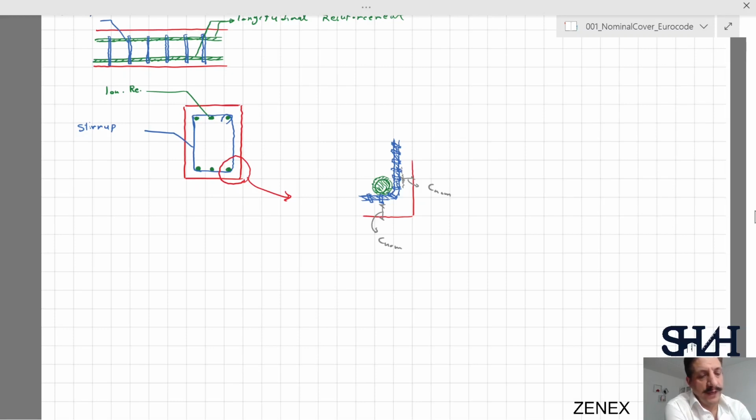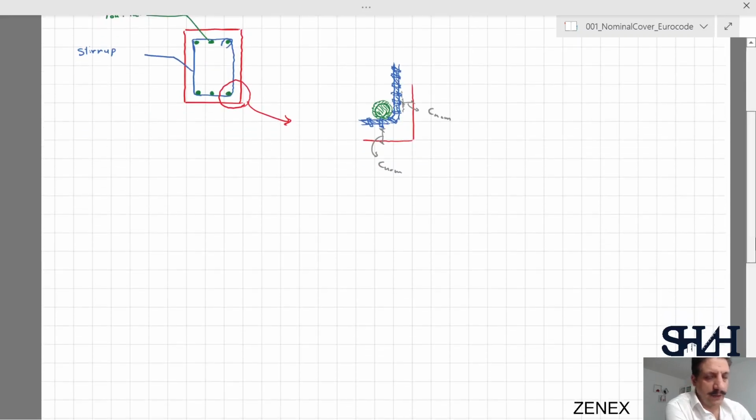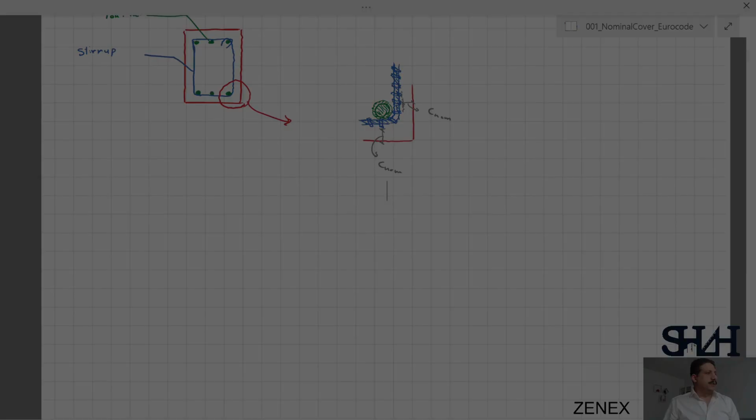It can be in a very aggressive condition, or it can be in a very safe one, like inside a house, and it could be dry. For any class of use of the structure, we have the minimum required nominal cover. How to calculate it? We need to have a look at Eurocode.